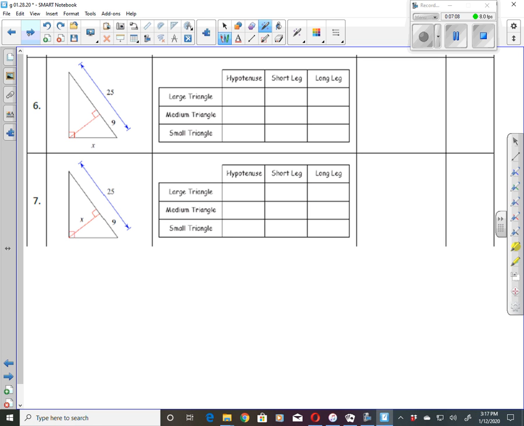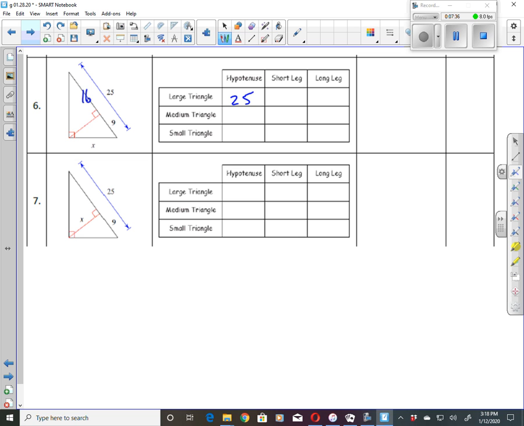Let's keep going. Number 6 says I've got a hypotenuse of 25, so I can split that again into 25 minus 9 is 16. And let's just go ahead and take what we have. We could finish filling out this whole thing, but we're looking for x in particular. So let's fill in the chart. Hypotenuse of the big triangle is 25.